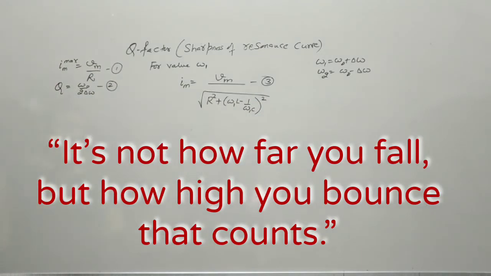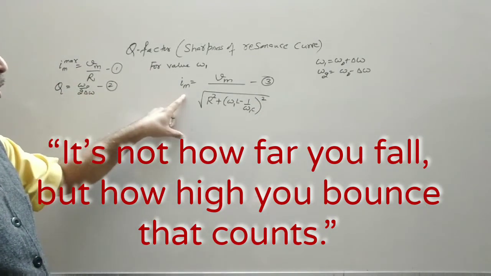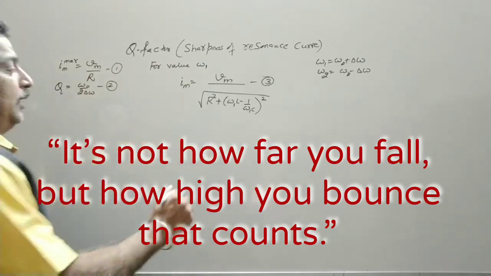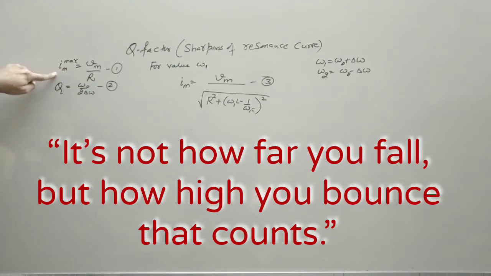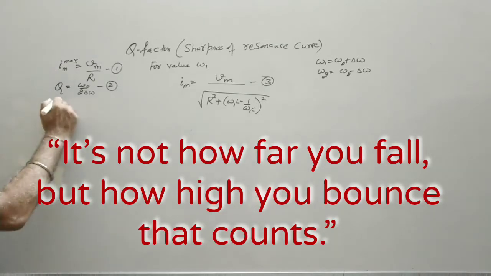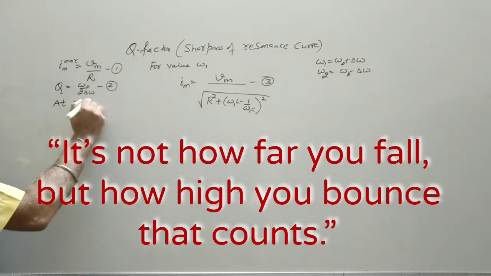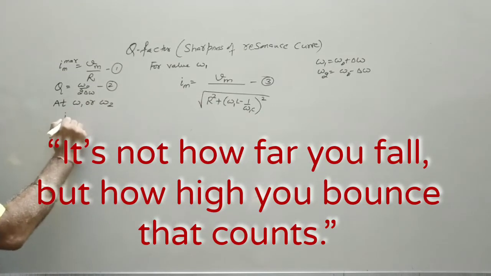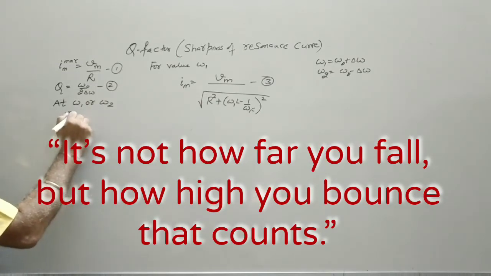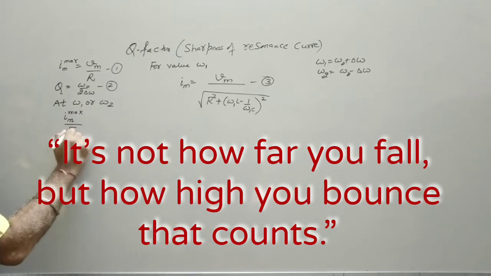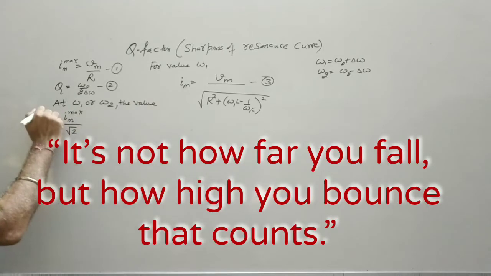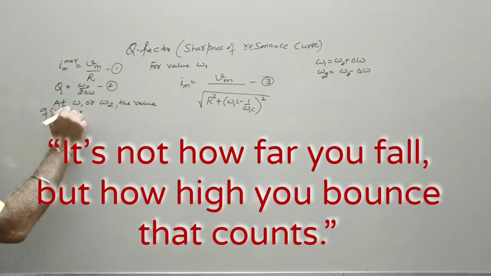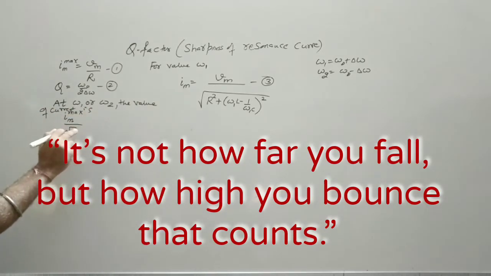Now the value of Im max was Vm by R. This is the value when you are at resonance, but at omega 1 or omega 2, the value of current is Im max by root 2.